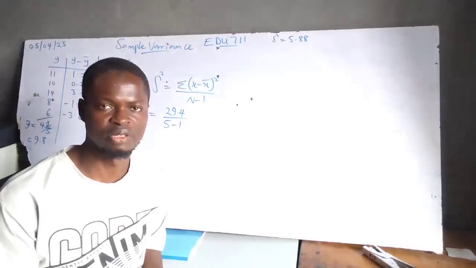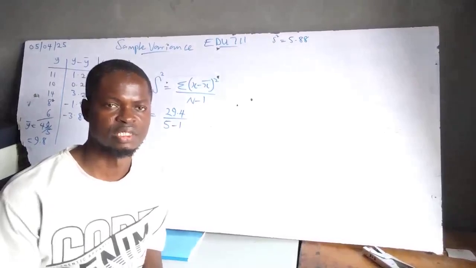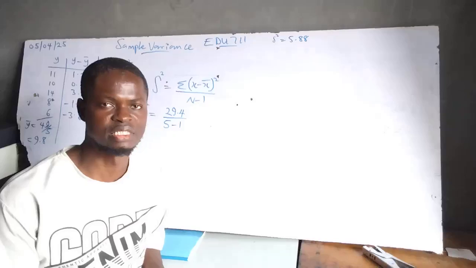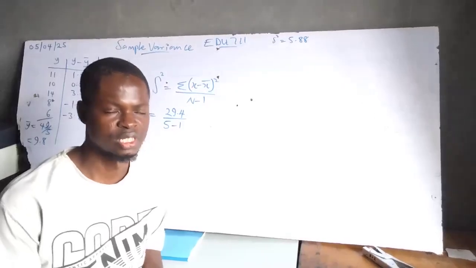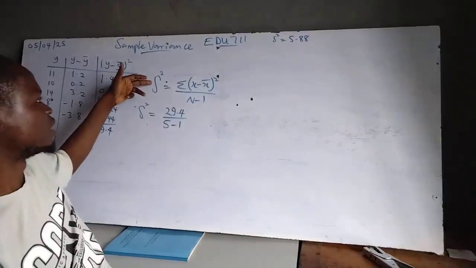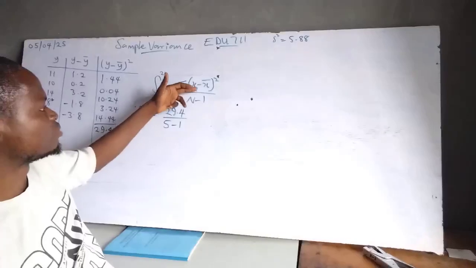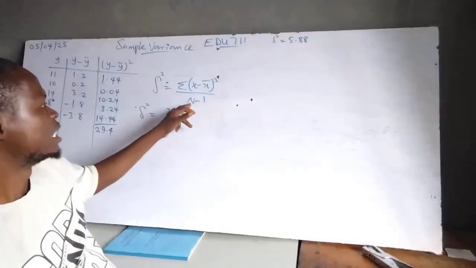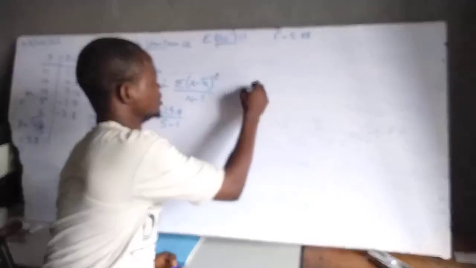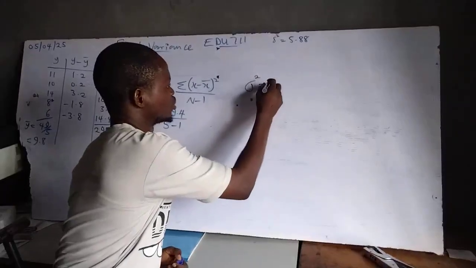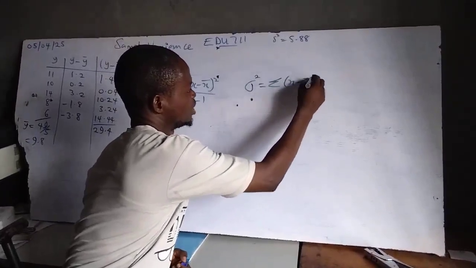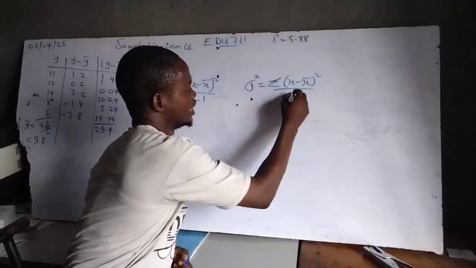A major feedback I got was that there was a mistake in a calculation, and that is sample variance. Like we all know, this is the formula for sample variance: s squared equals summation of x minus x bar all squared, all over n minus 1, while population variance is sigma squared equals summation of x minus x bar squared, all over n.